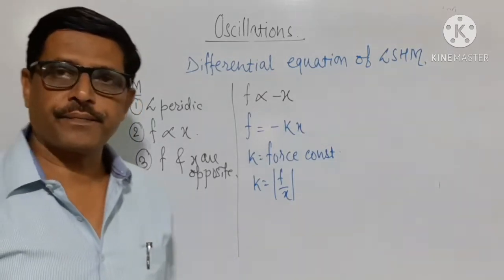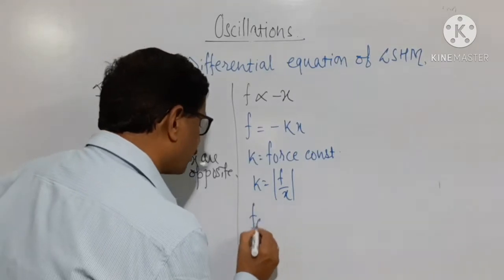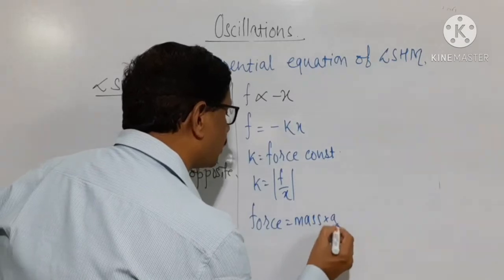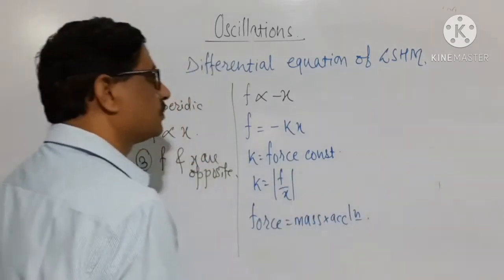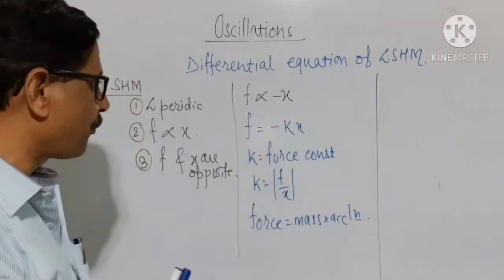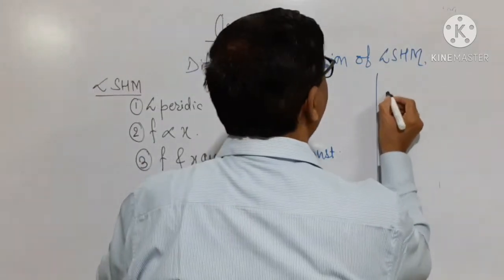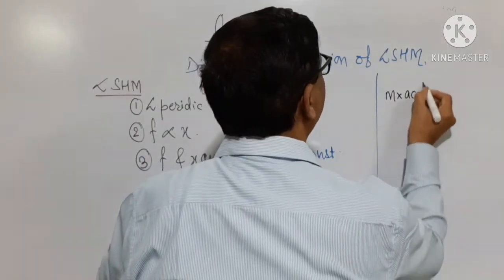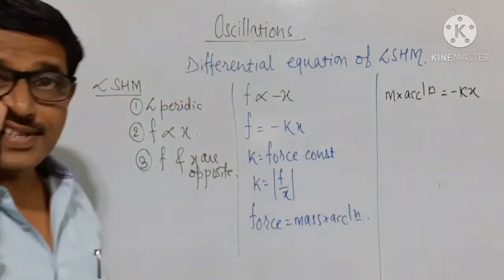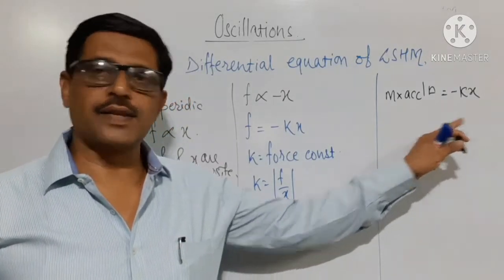Now, according to Newton's second law of motion, the force is equal to mass into acceleration, and hence the same equation, F is equal to minus kx, can be written as mass into acceleration is equal to minus kx.